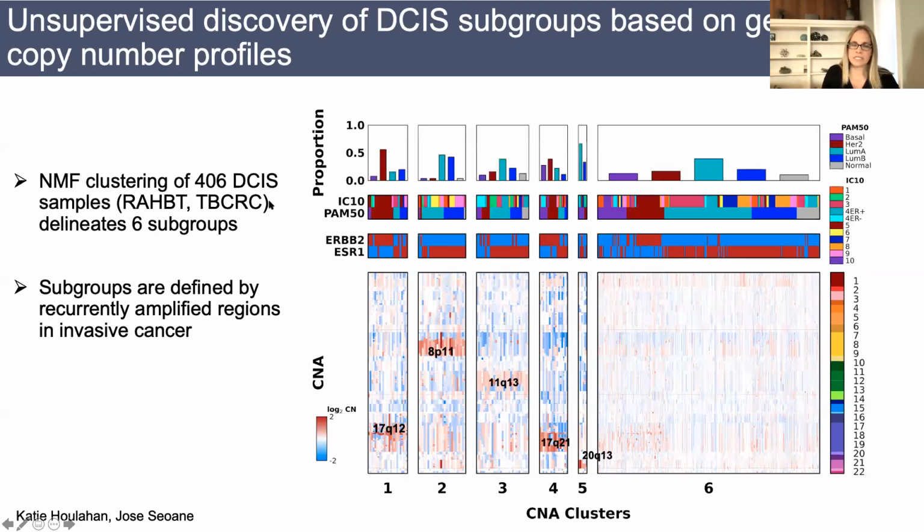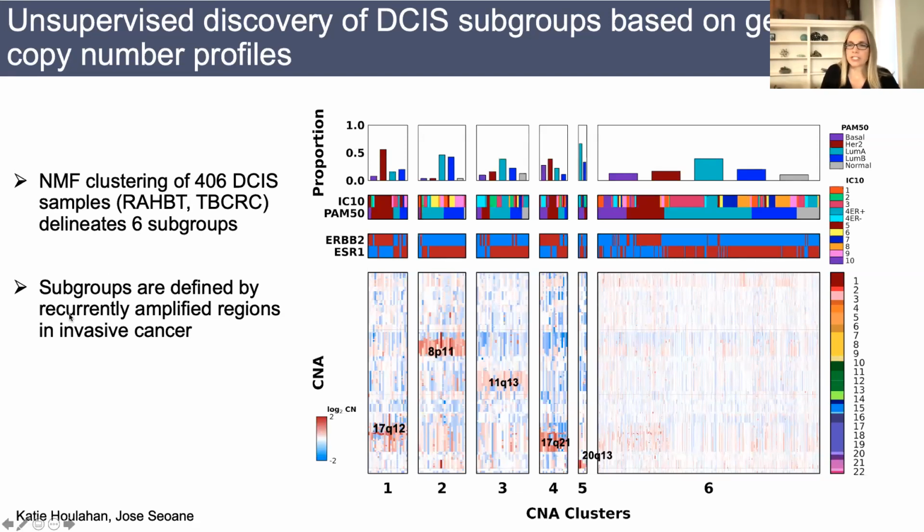And if we map this onto other features, we'll see that in some instances, such as cluster 1 and cluster 4, there's an enrichment for the HER2 intrinsic subgroups, and indeed overexpression of HER2. In other groups, we see more of an enrichment for luminal-like tumors and so forth. And so really with this, we're able to show that there's an ability to recover in an unsupervised fashion some of these different features.